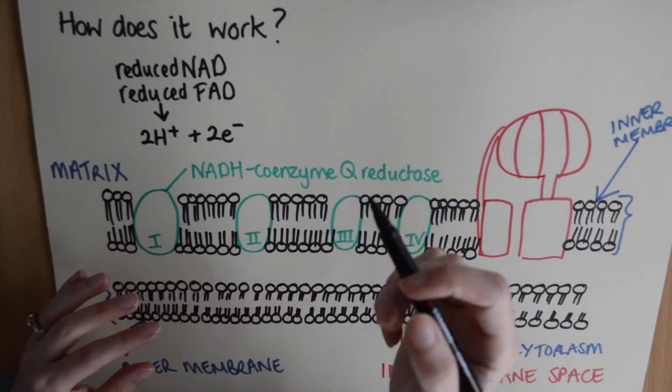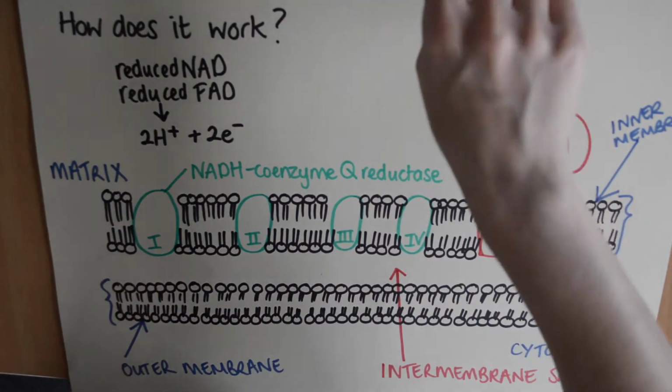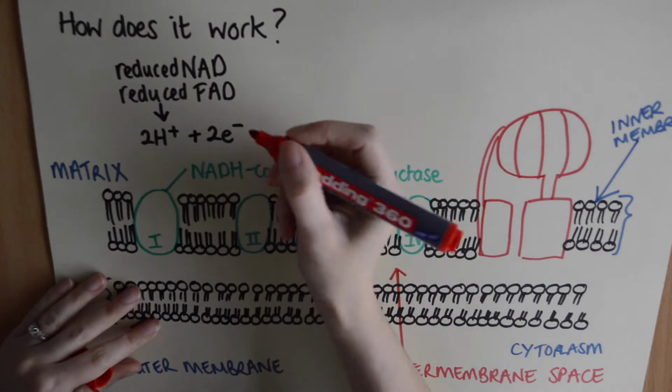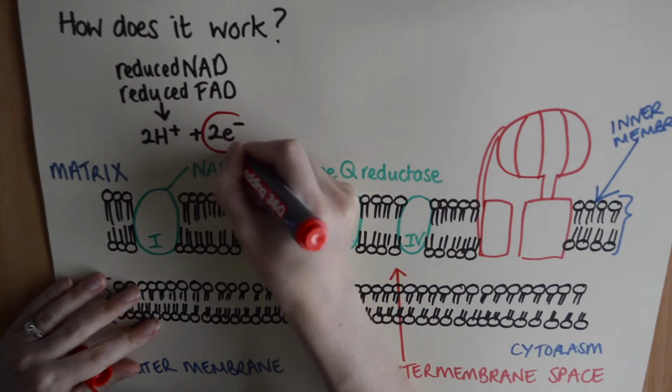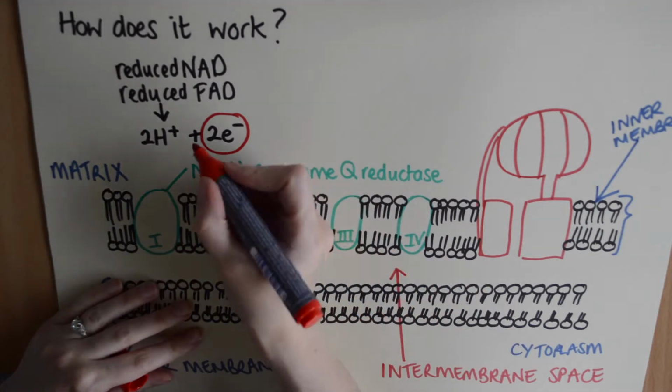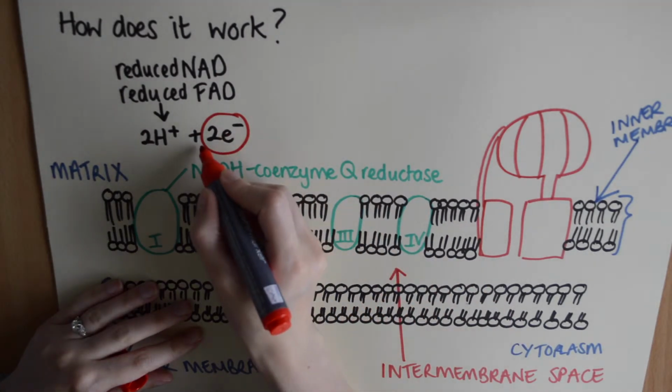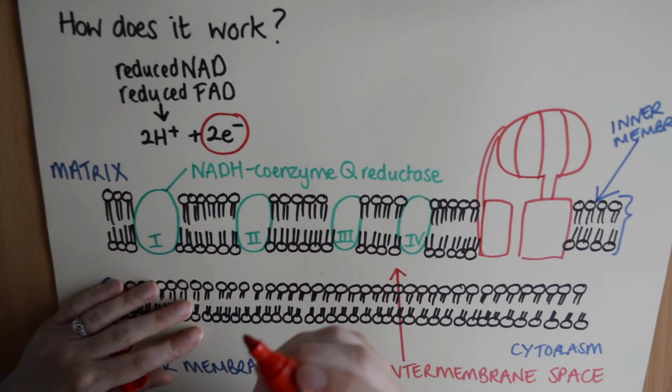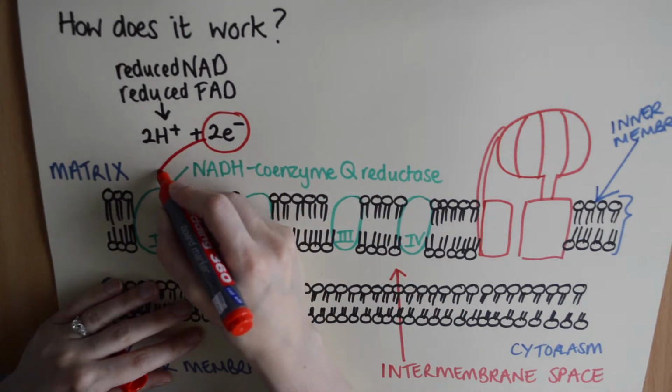Now, I'm just going to follow the fate of the electrons to start off with. So these electrons are taken up by the electron carriers. To start off with, NADH coenzyme Q reductase.